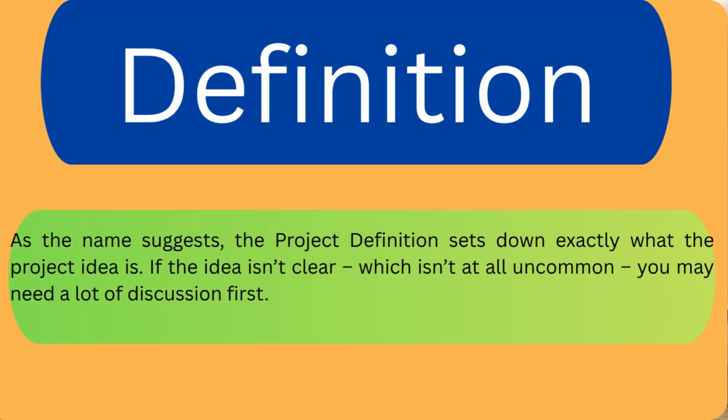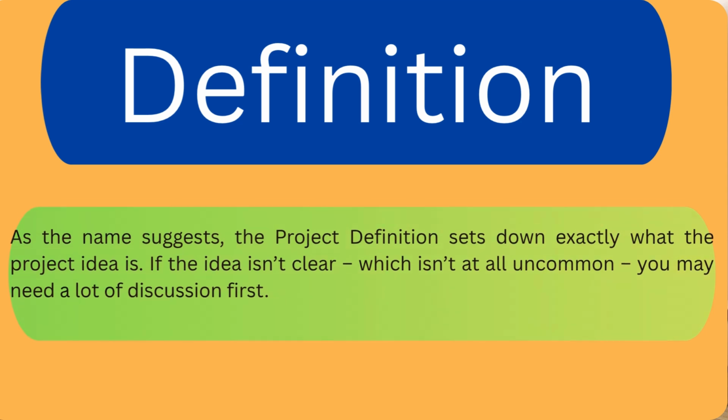If the project idea isn't clear, which is very common, you may need a lot of discussion first for you to appreciate the definition of the project. Some sections of the project definition can help you on this. So once the project definition is very clear to you as the project manager, the next stage is to go for the project background. So what is this project background?